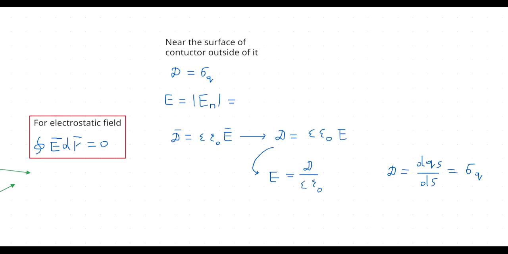So here we have sigma Q, the surface density of electric charge, divided by epsilon epsilon 0, where epsilon is relative permittivity and epsilon 0 is the electric constant. Okay, do you have any questions about this?